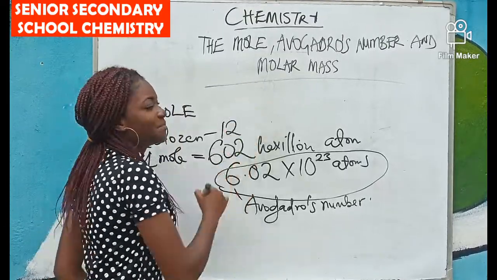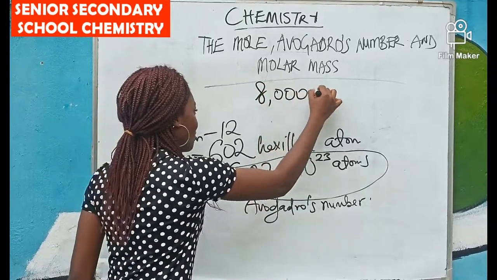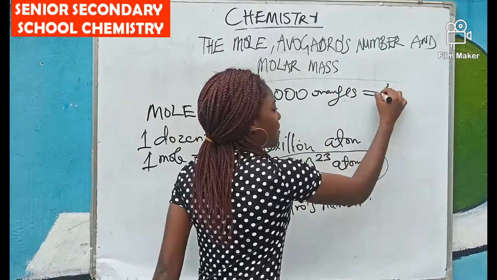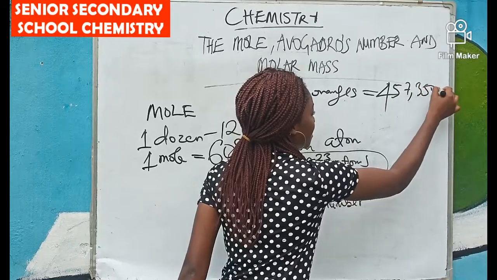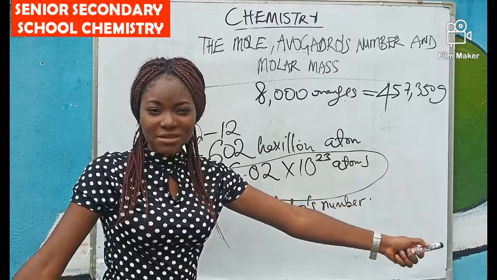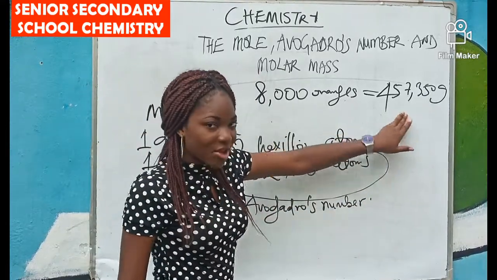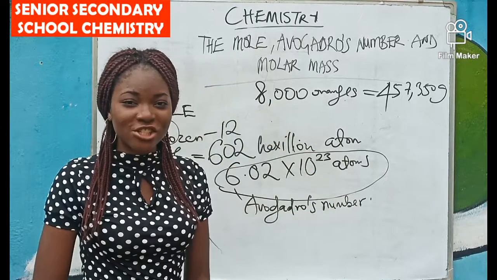So say the mass of 8,000 oranges is equal to 457,350 grams. I could just weigh this out on my weighing balance very fast. When it reaches this number on the weighing balance, I get my 8,000 oranges.